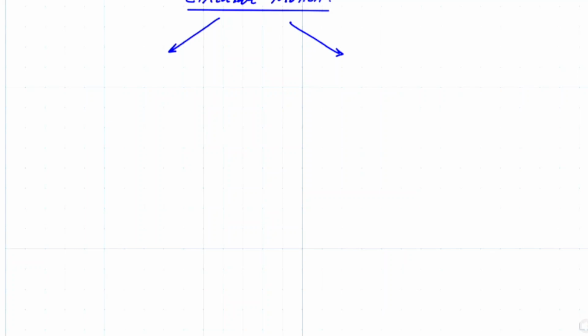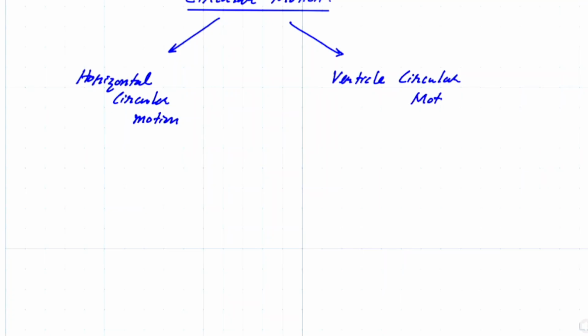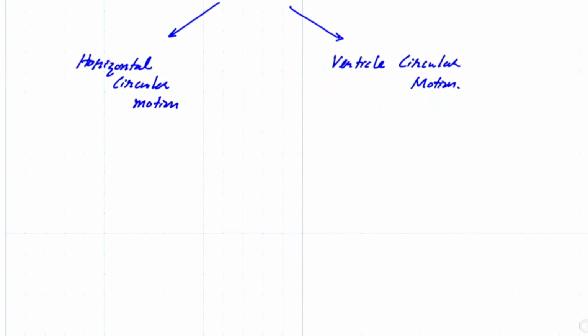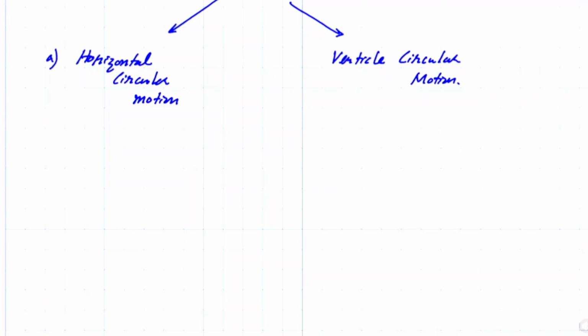One is horizontal circular motion. The other one is vertical circular motion. Horizontal circular motion, vertical circular motion. This is my first one. This is my second.